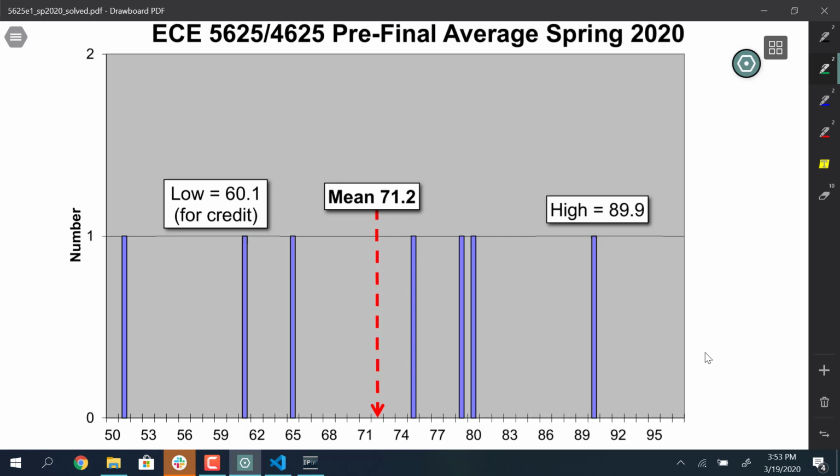And how did I composite this? Well, I composited this by the exam is worth 15%, and homework and quiz averages are worth 20% come the end of the semester.